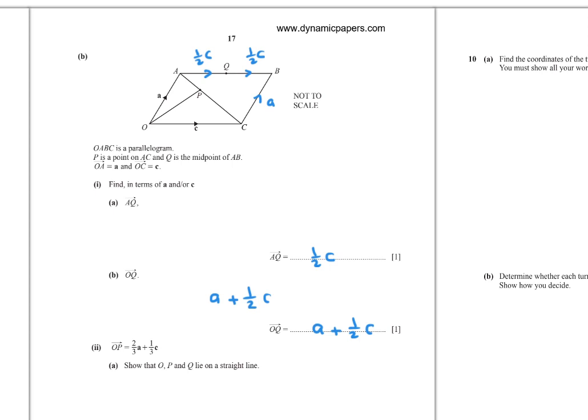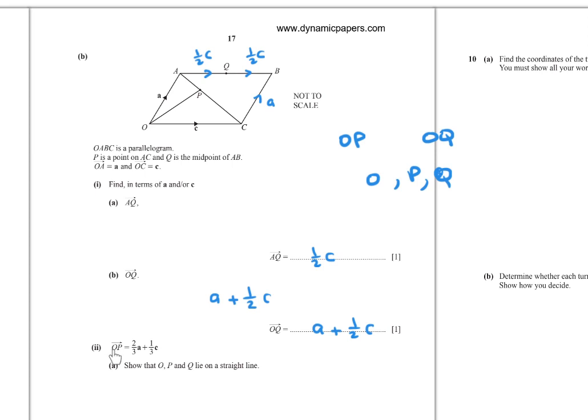To prove that O, B, and Q are on the same straight line, find OB and find OQ. If you can prove that OB is a fraction of OQ, like 1 over 3, 3 over 4, then this means OB is parallel to OQ. This means O, B, and Q are on the same straight line.